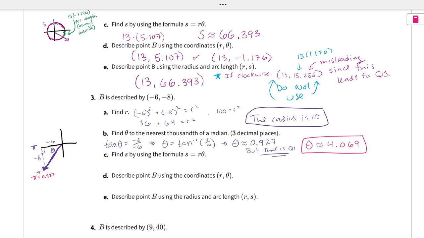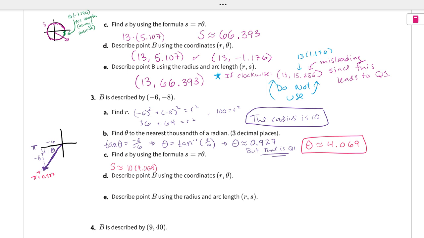So there's our angle. So now find our arc length here. So we're going to take our radius, which we said was 10, and we're going to multiply it by our angle, 4.069.